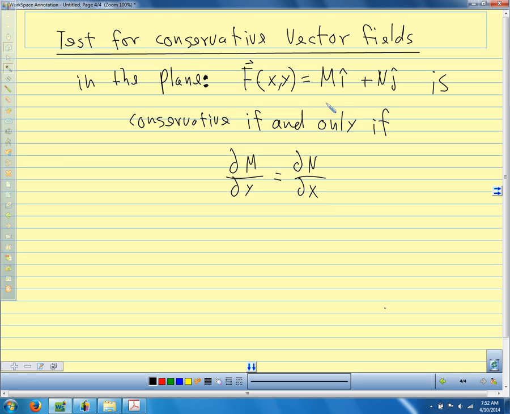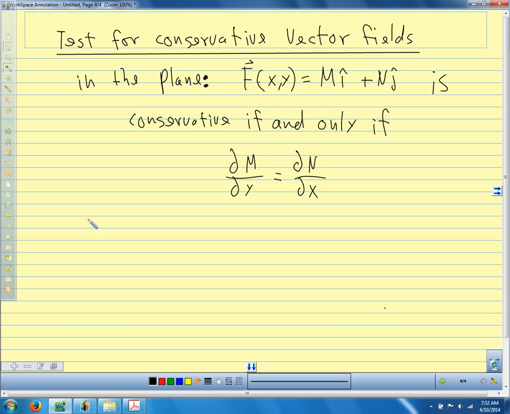If it's conservative, M is the partial derivative of our potential function with respect to x, and N is the partial derivative of our potential function with respect to y. These two represent the mixed partials of our potential function, and the mixed partials should be equal.